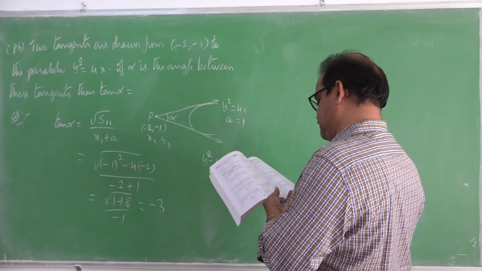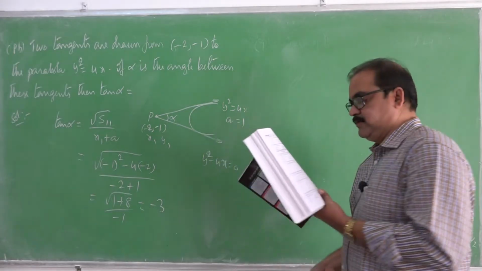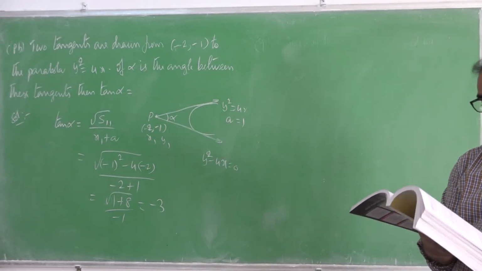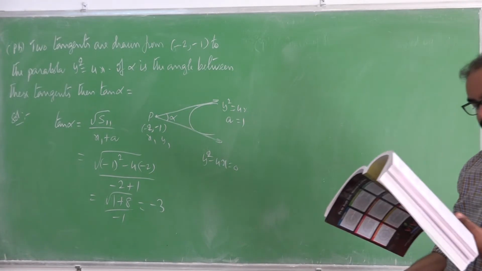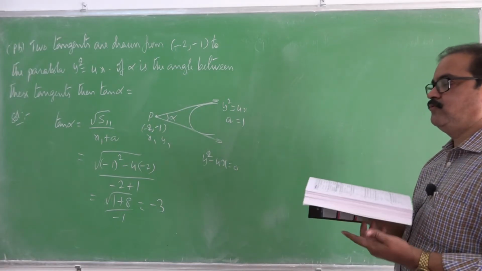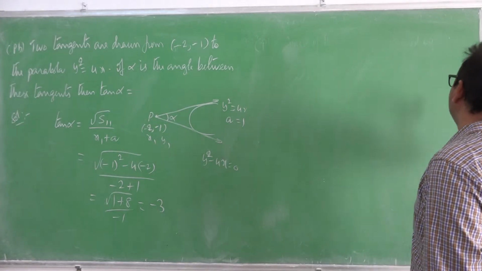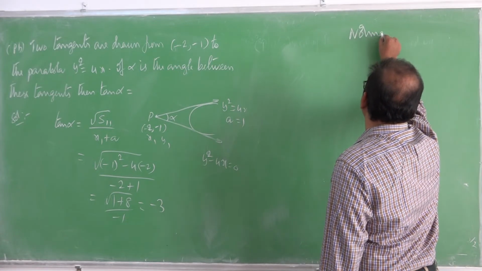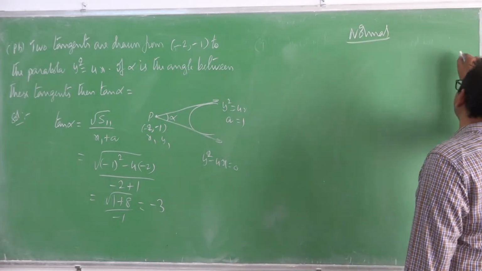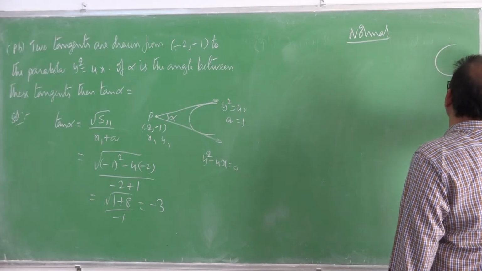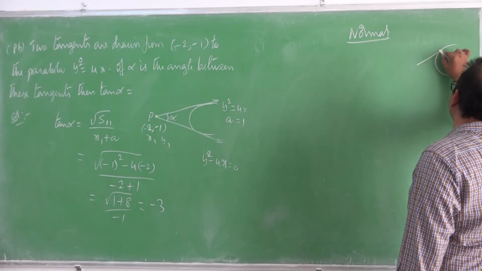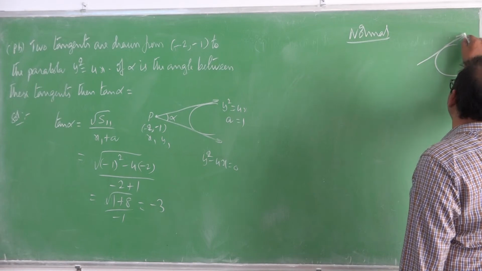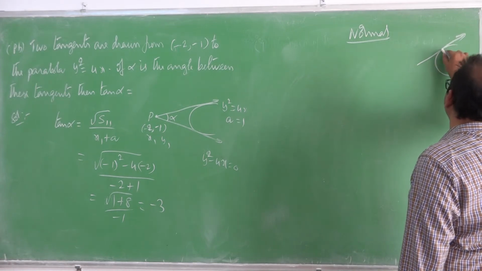Write the next problem. Next we discuss some problems on normals. We know what is meant by normal. We already discussed this concept in circles. This is the parabola. This is the tangent to the parabola.